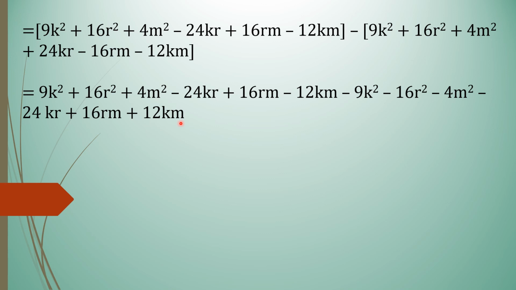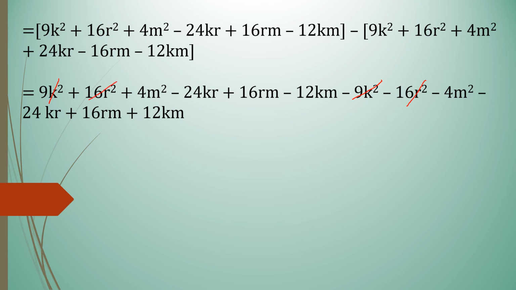Now students, let's see which terms get cancelled. Can you see, student, plus 9k square and here you get minus 9k square. So it is opposite sign, no? So this will get cancelled. So we'll cancel this full term. Okay. Now next, let's see. It is plus 16r square and here minus 16r square. So it is also opposite. So this will get cancelled.